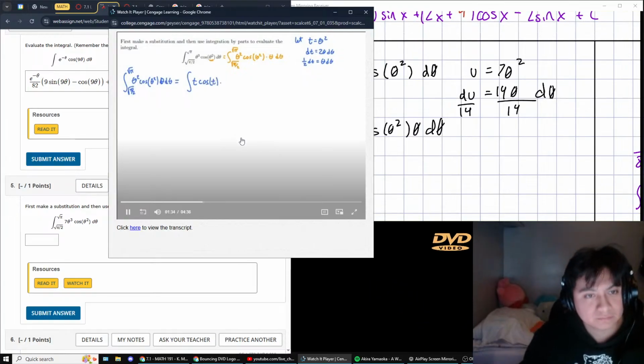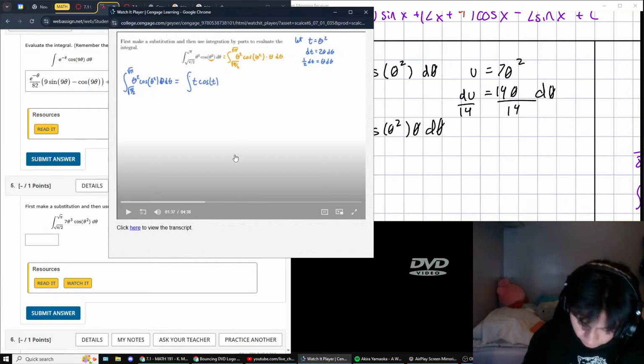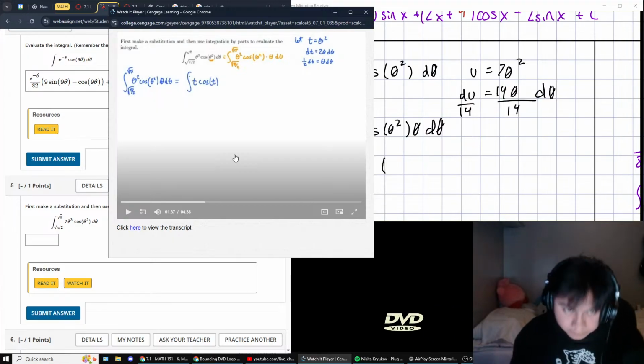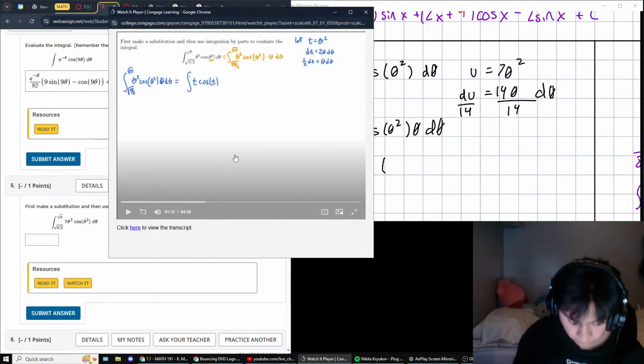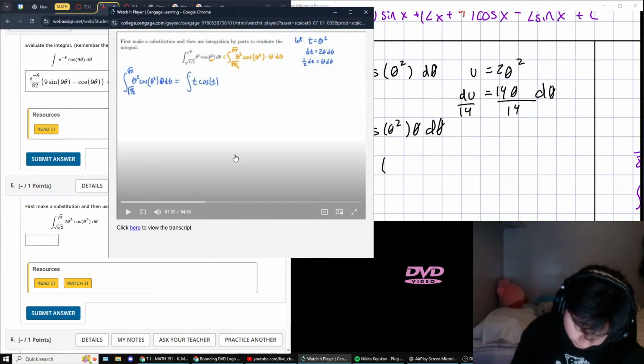Cosine of t, theta d theta becomes 1. 7 theta becomes u cosine of... no wait. I'd keep this at 2.